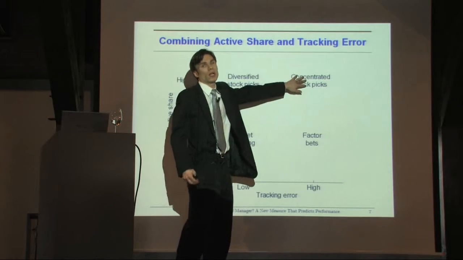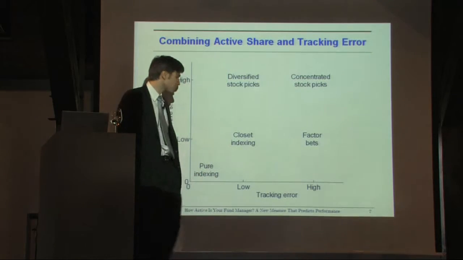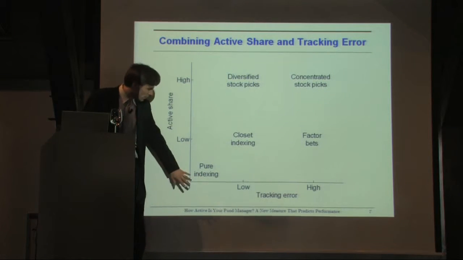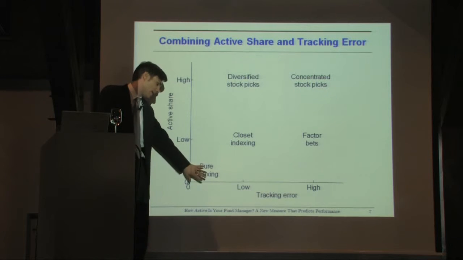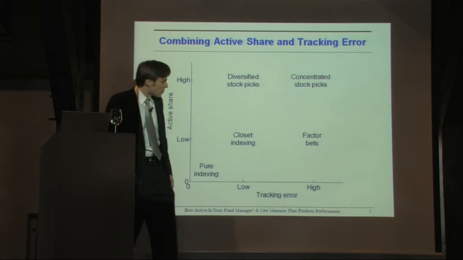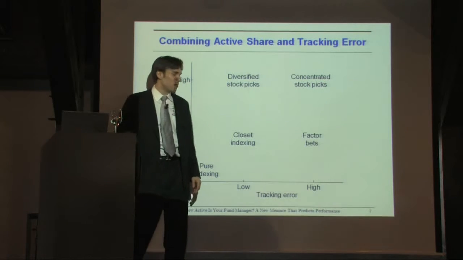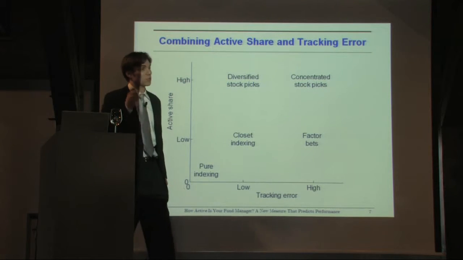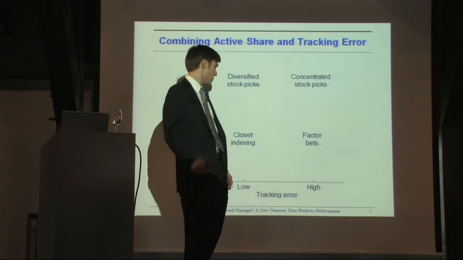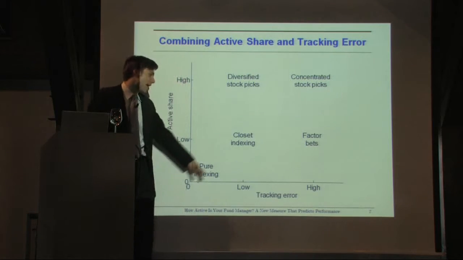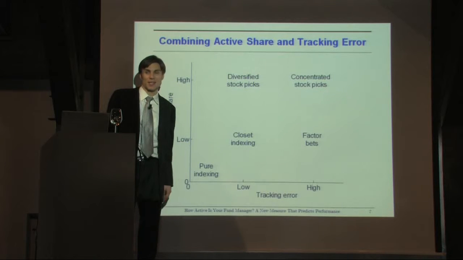In that case, we could call it a concentrated stock picker. And if you don't do anything relative to the index, that's of course pure indexing. But if you're a little bit different from the index, but you're claiming to be very much an active manager, and you're charging fees for active management, that would put you in the closet indexing category.